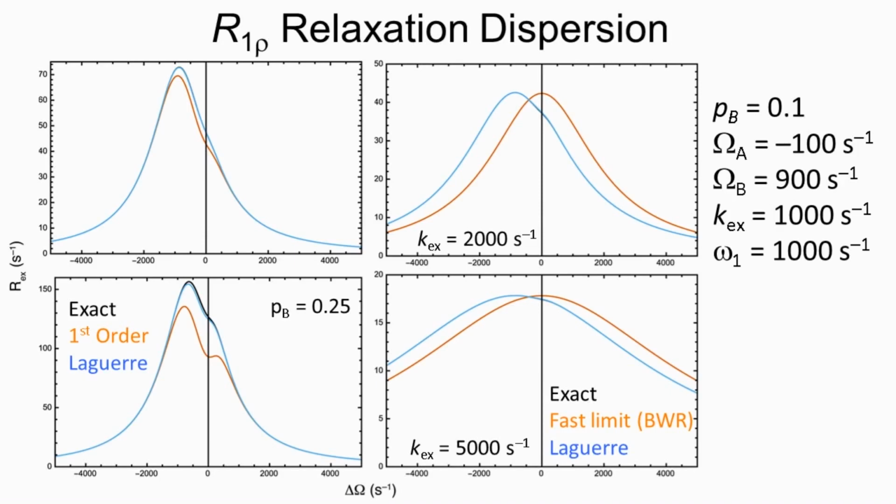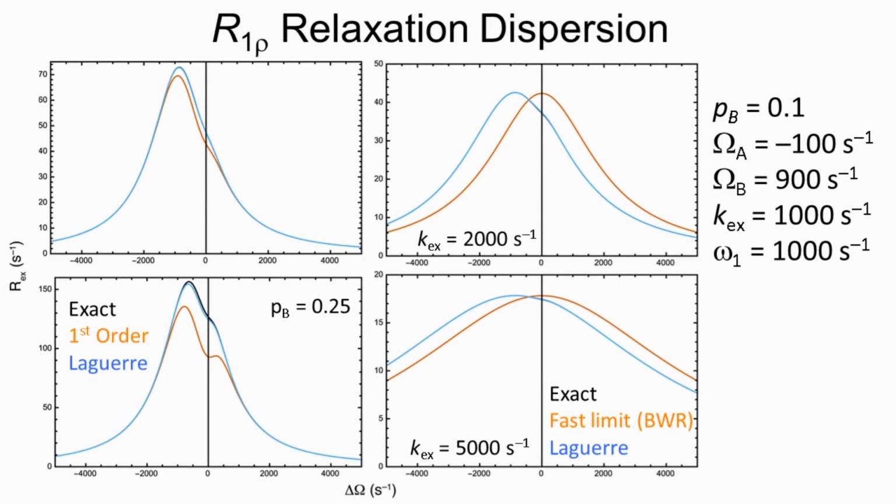Perhaps more interesting is the right-hand side. In the upper right, KEX is increased to 2,000. So the system is now starting to be in somewhat faster exchange. Blue and black, you can't even see the black curve, are the exact and the second order approximation.